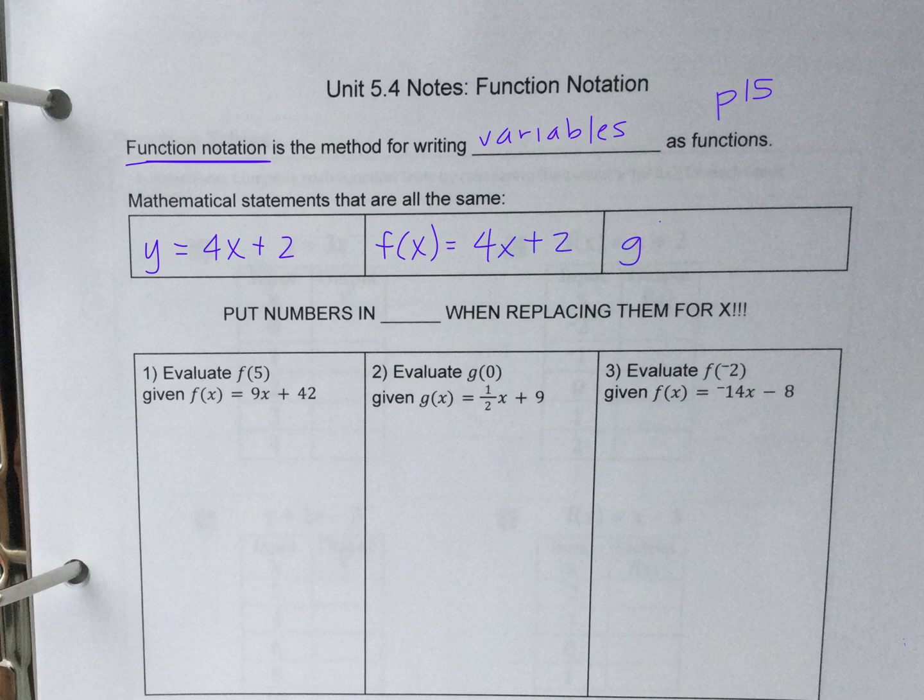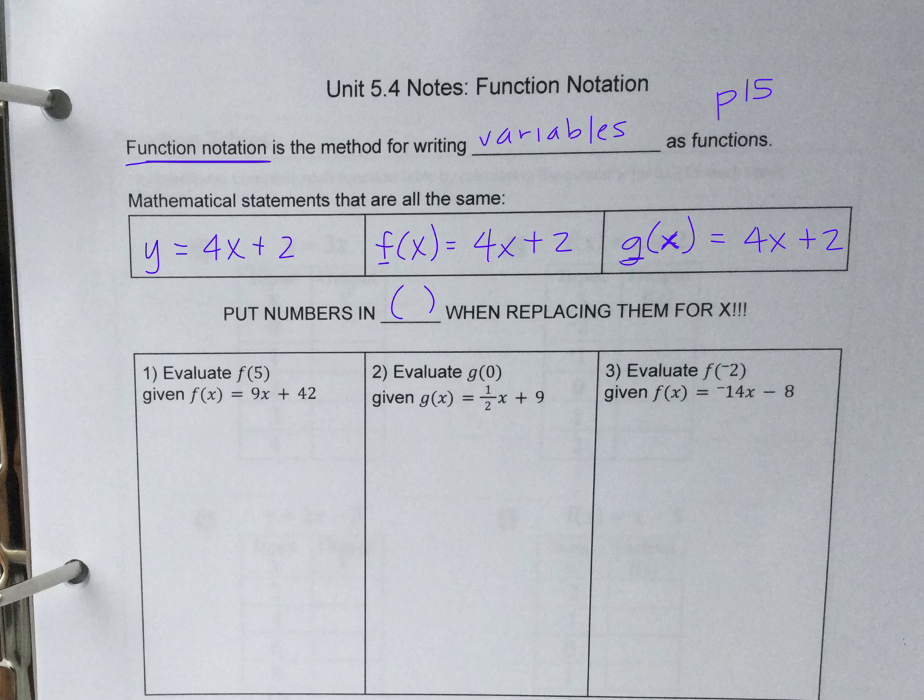Or I could use another letter and it still tells me that the function of x is going to be 4x plus 2. So don't freak out if you see a G or an F. It means the same thing. Put numbers in parentheses when you replace them for x.